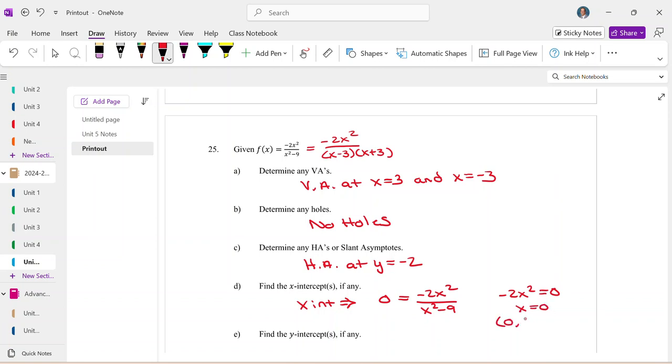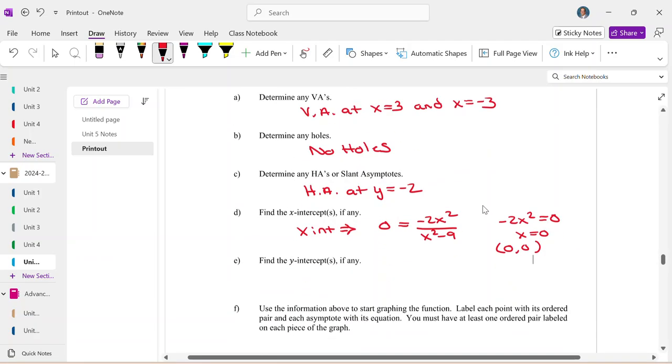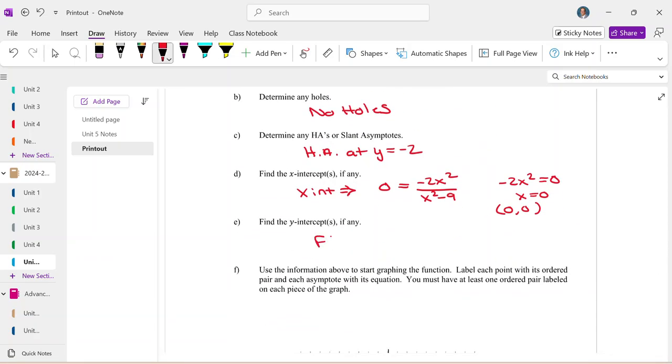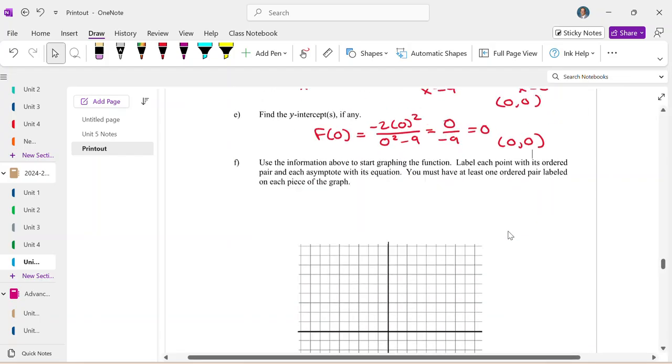So it's (0, 0). Which means the y-intercept, when you put 0 in, you get 0 over -9, which is 0. So both the x and y-intercept is (0, 0).